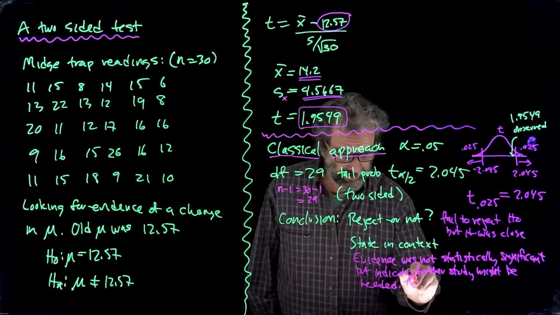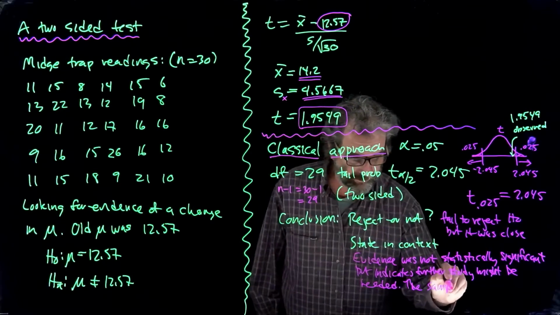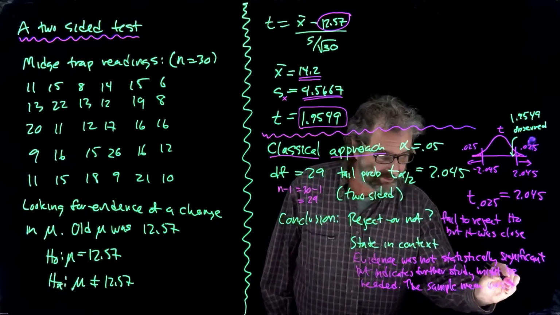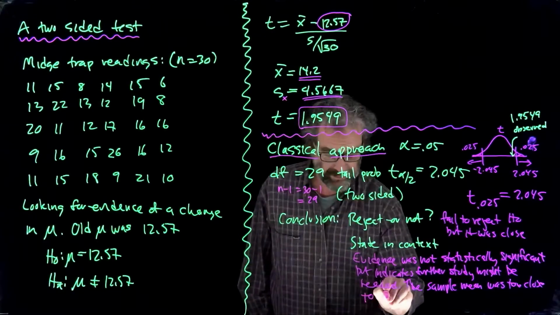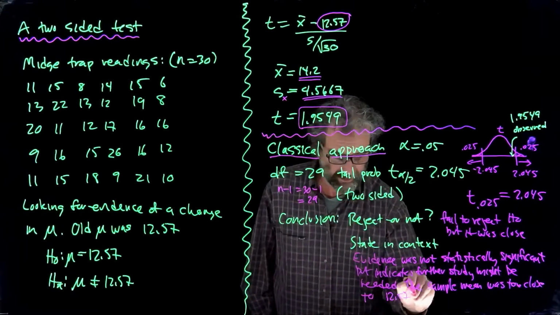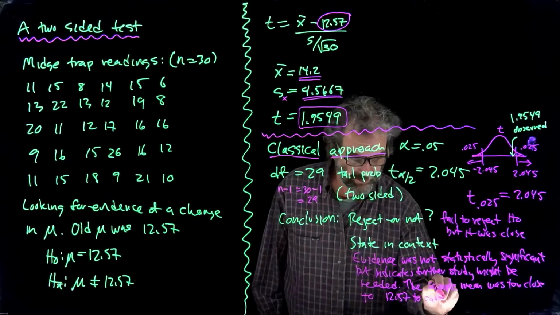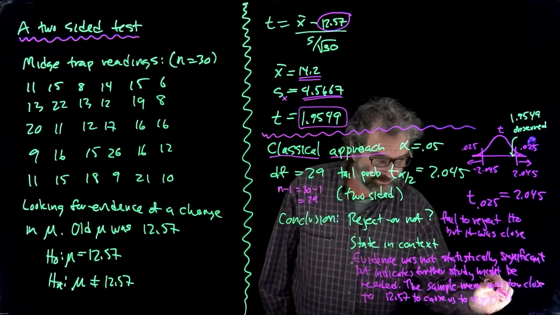The sample mean was too close to 12.57 to cause us to reject.